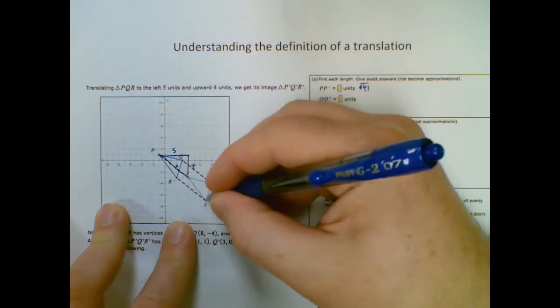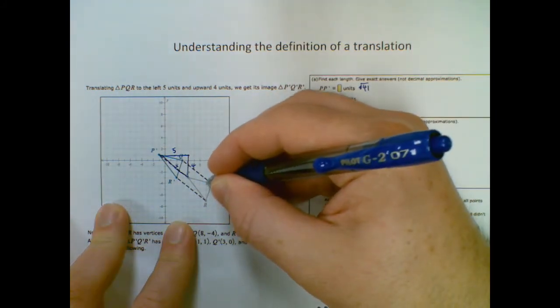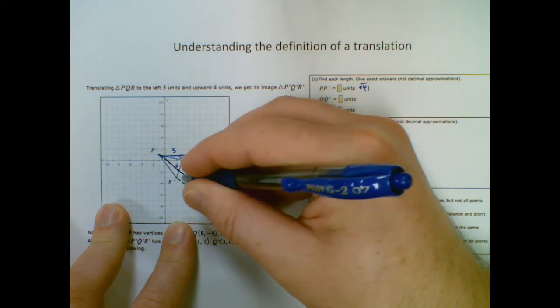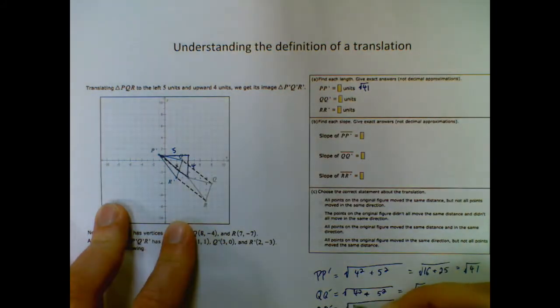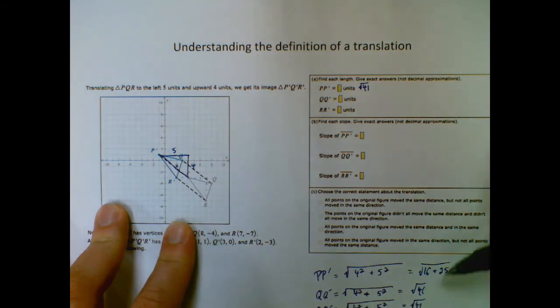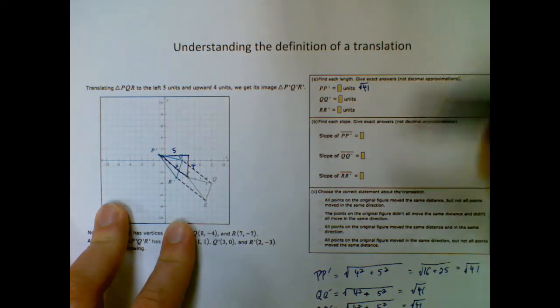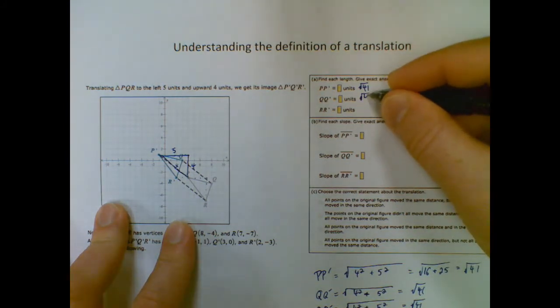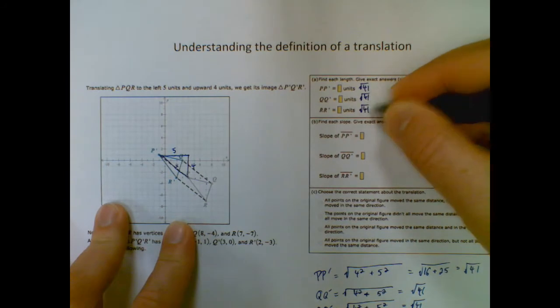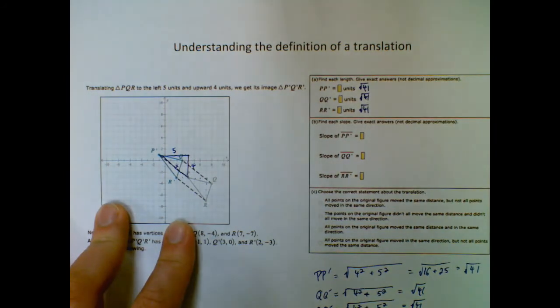And then for R prime, I'm going up 1, 2, 3, 4, and over 1, 2, 3, 4, 5. And this is not a coincidence. We're actually building up to some statements around that. The fact that they're all radical 41 is not coincidental. So we get radical 41 for all of those.